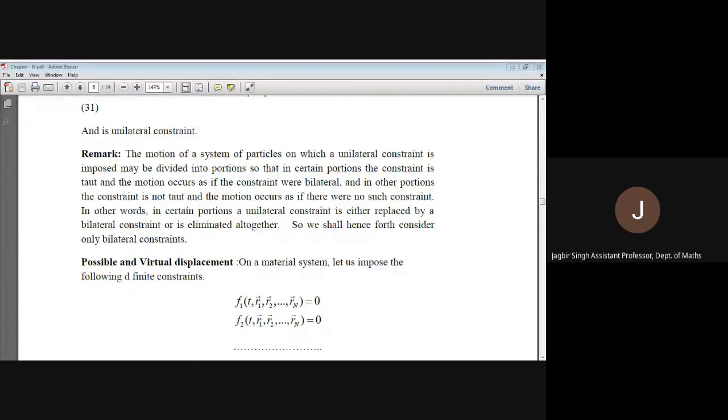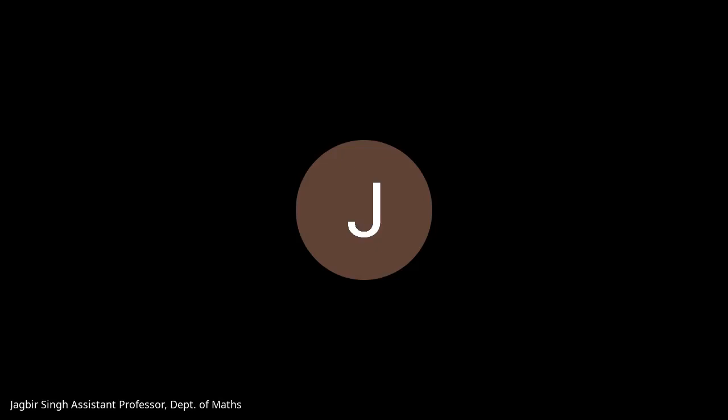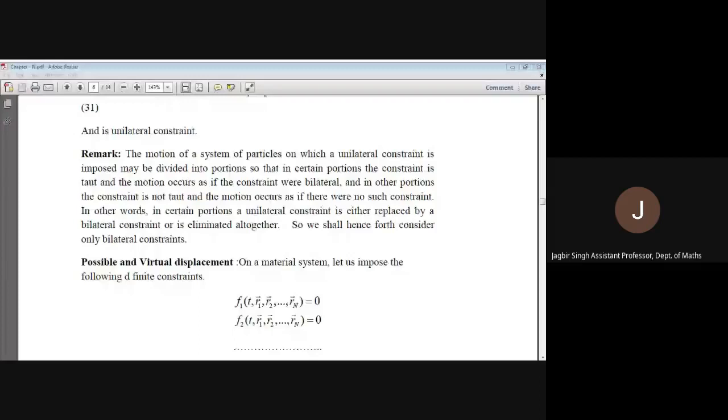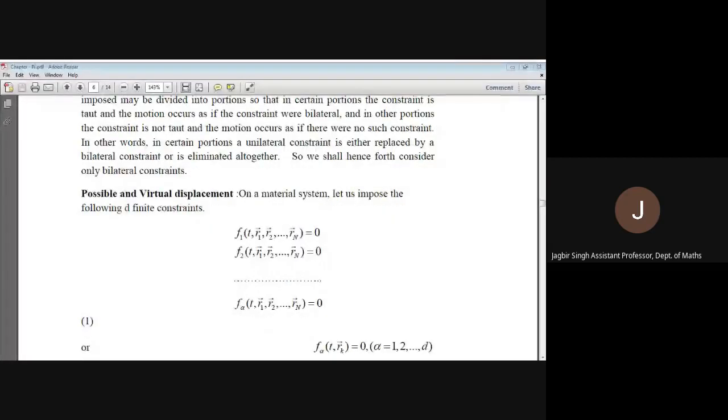To discuss it, first we are going to discuss an example related to speed.